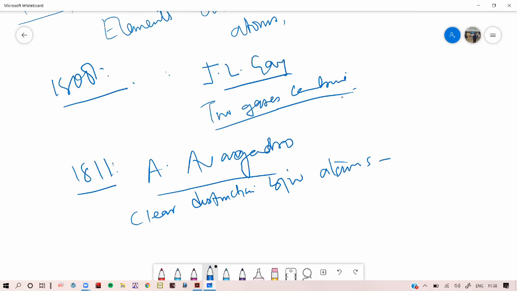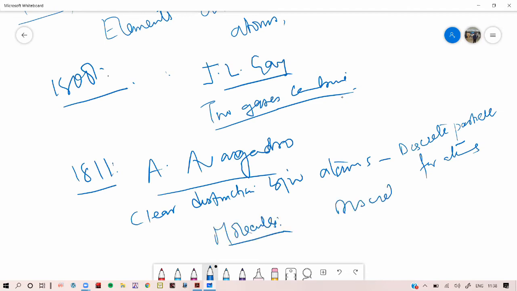And molecules, these are the discrete particles for compounds, when they are composed of two or more atoms which bind together.